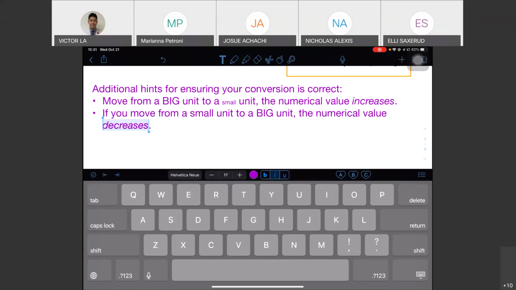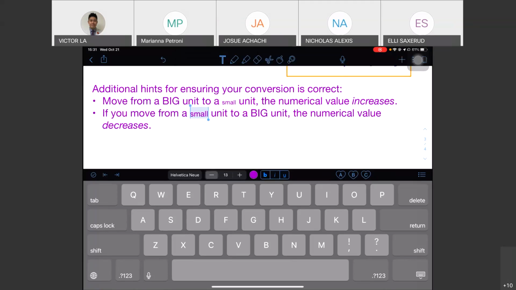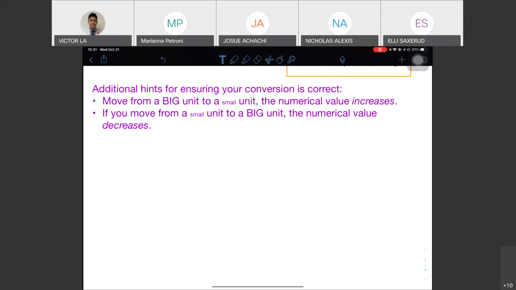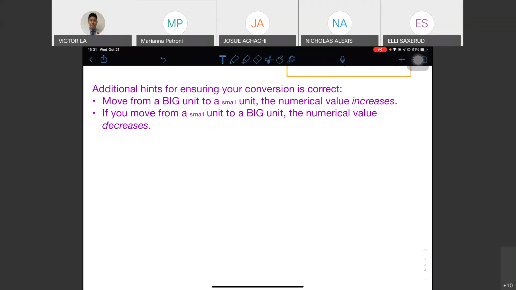So italicize that. Make small, small, so you know. So if you move from a small unit to a big unit, the numerical value decreases.